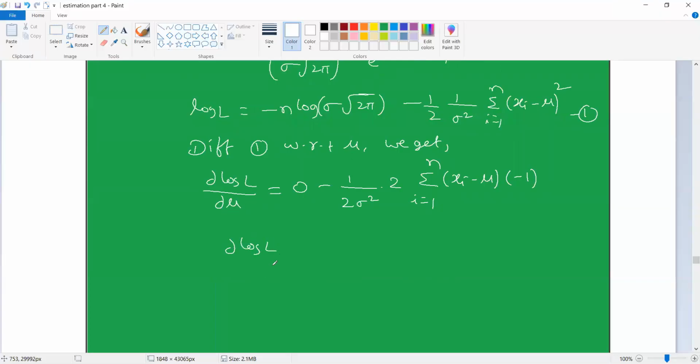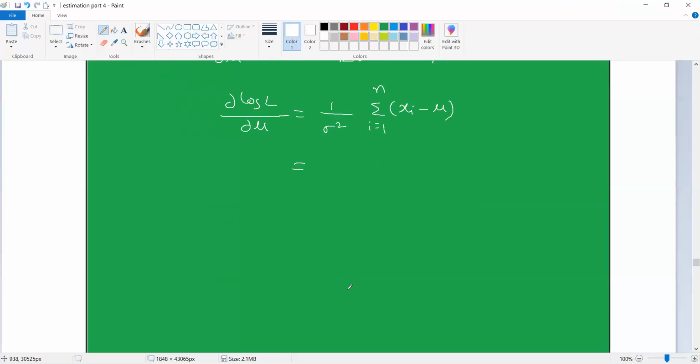So the 2 cancels and the minus signs give plus: dou log L by dou mu is equal to 1 by sigma square, summation (xi minus mu), i = 1 to n.